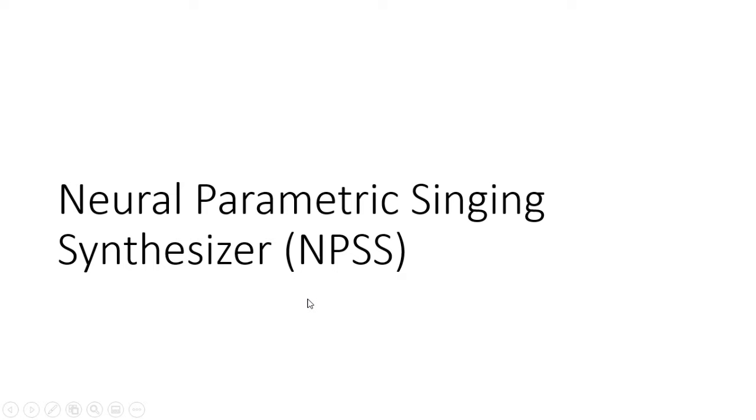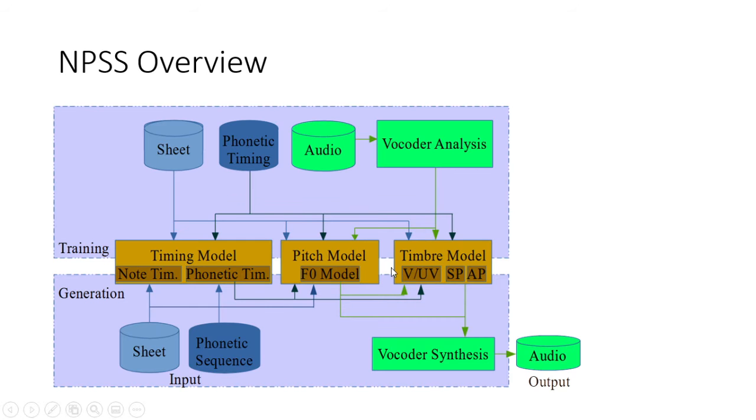Here is the neural parametric singing synthesizer. The concept is to encode the audio using a vocoder. We have fundamental frequency, voiced/unvoiced, spectral, and so on.